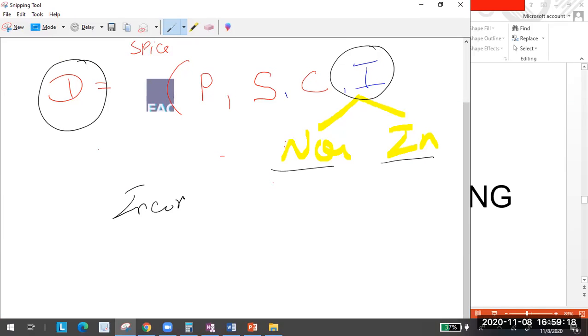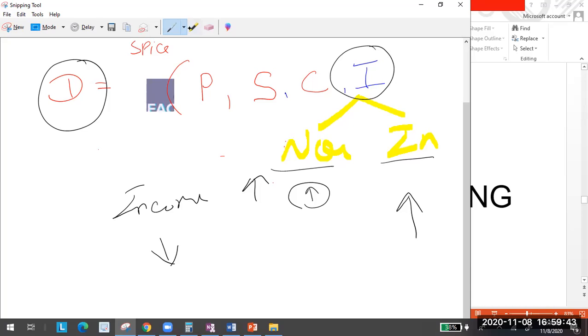When your income increases, then demand for normal products increases. And when your income is decreasing, then your demand for normal products decreases, while your demand for inferior products will increase, right?